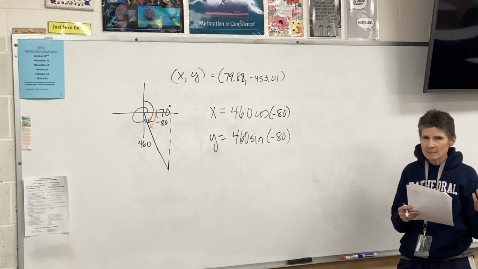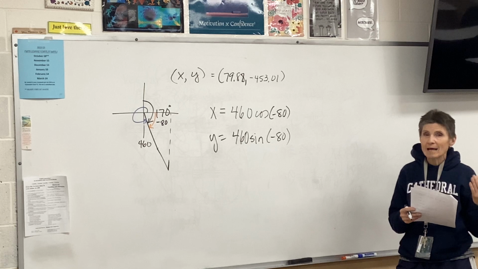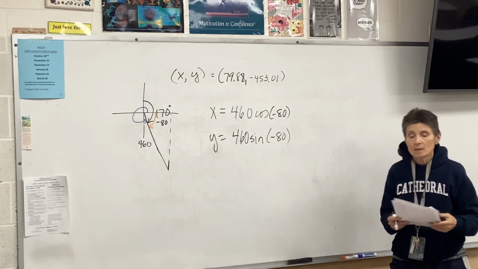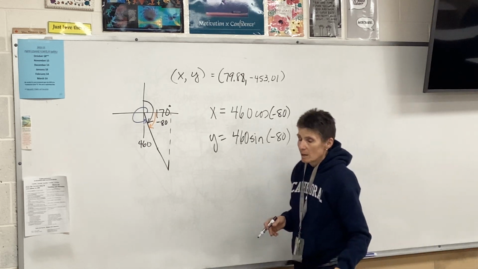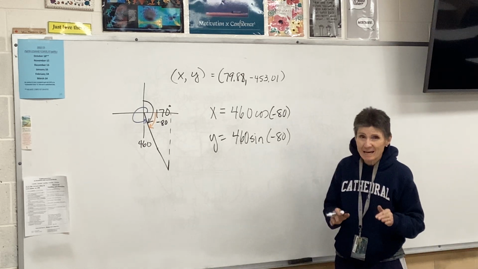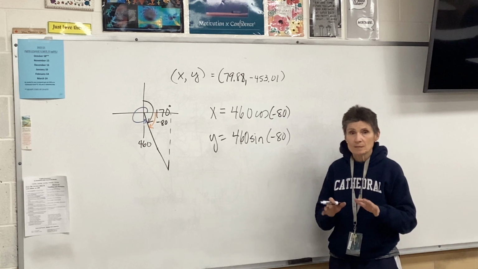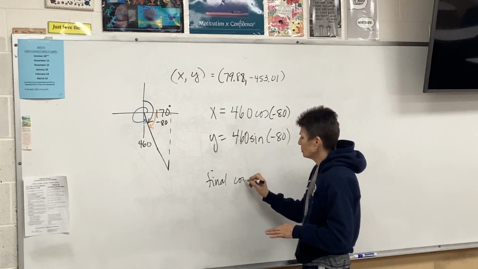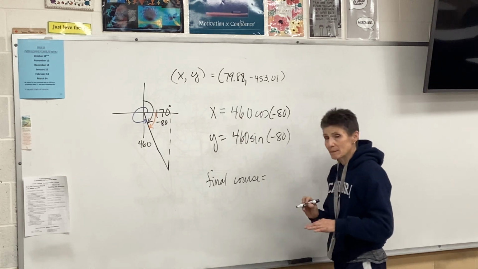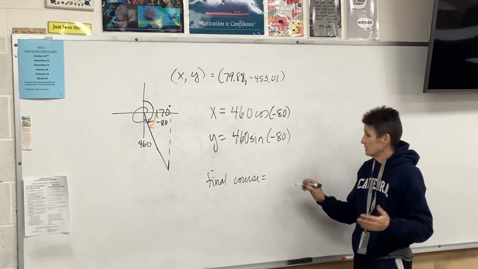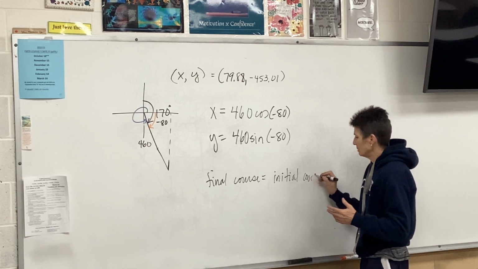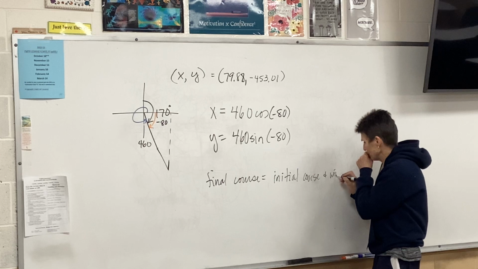Okay, so you understand what's happening? We need her to end up flying due east when the wind pushes her. We want her final course to be due east, and her final course is going to be the sum of her initial course and the wind.